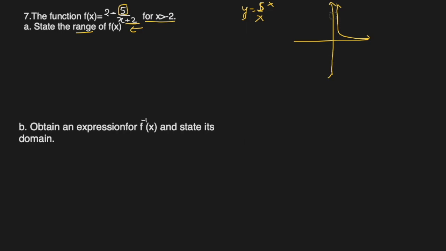Now the asymptote will be on the left, 2 units left of 0, which is minus 2. So our new asymptote is going to be here. So this is minus 2. Okay, and the new graph will be this and this. Just the whole graph got translated to the left by 2 units.